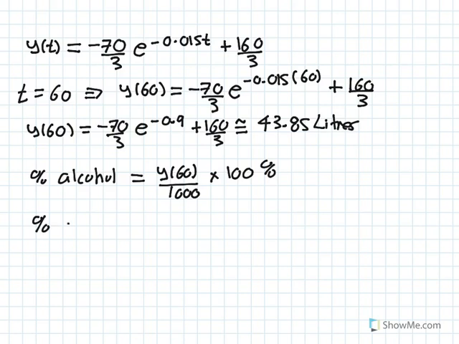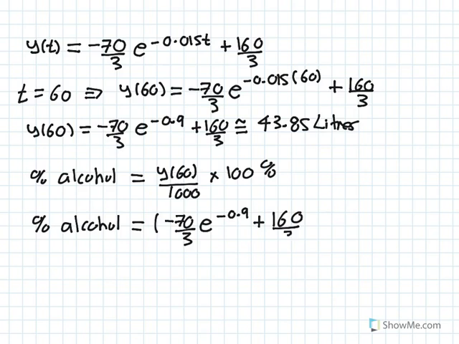So in exact form, percent alcohol is equal to y of 60, which we found to be minus 70 divided by 3 e to the minus 0.9 plus 160 divided by 3. Its decimal representation is 43.85 liters. Divide this by 1,000 and multiply by 100%.